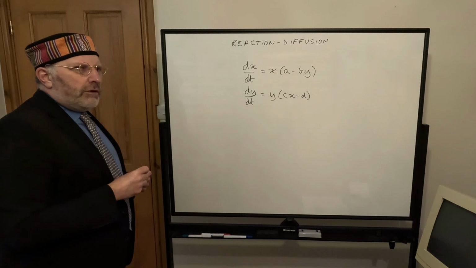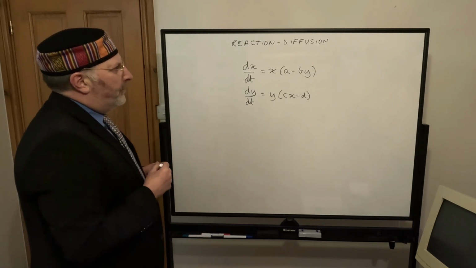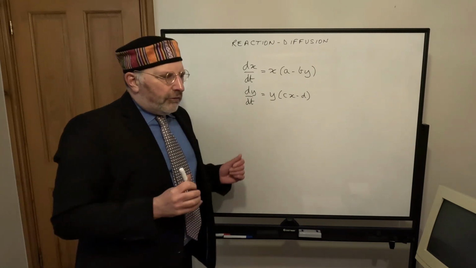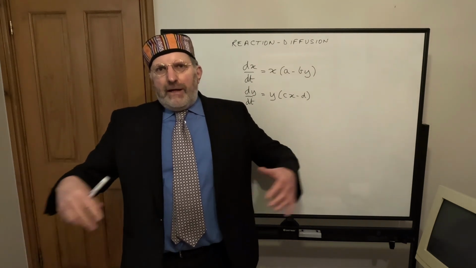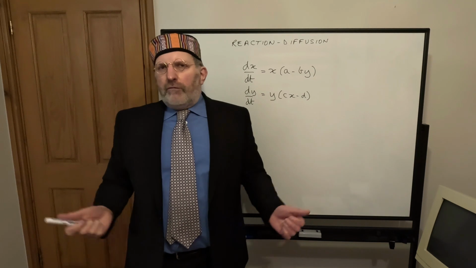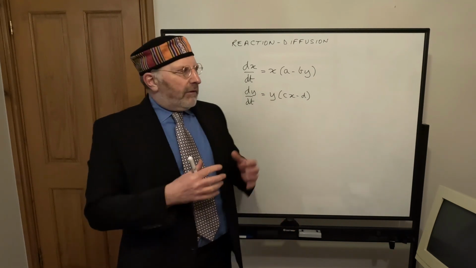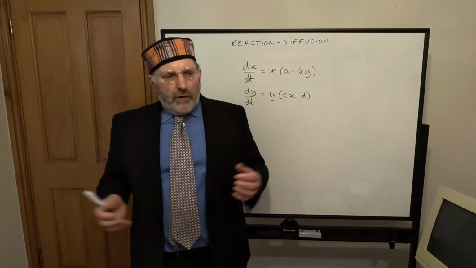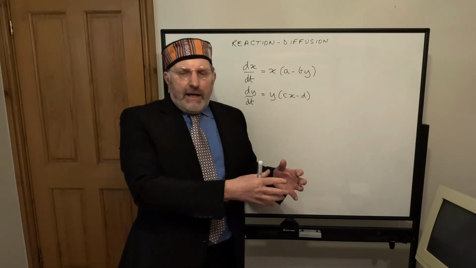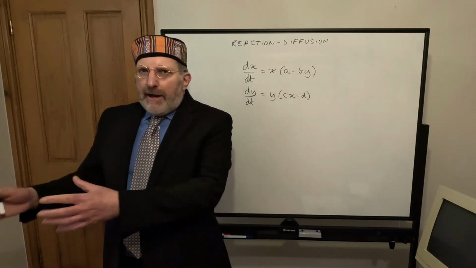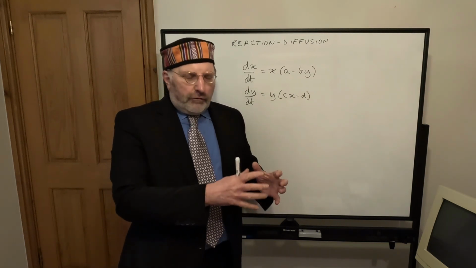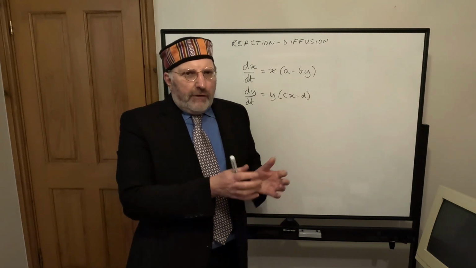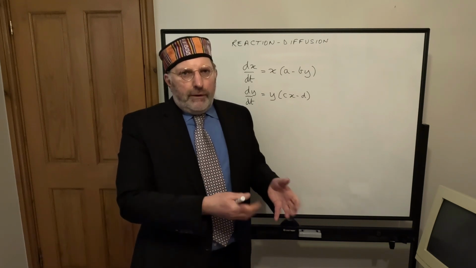And now what we're going to do is say that this occurs in space. So rabbits and foxes actually live in space on the surface of the earth. So instead of talking about just the numbers of rabbits, it's how many rabbits are there here versus there. It's the concentration of rabbits. So the higher the concentration in a particular place, the faster rabbits will be being born in that place.